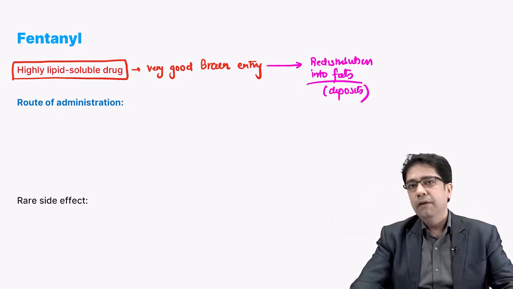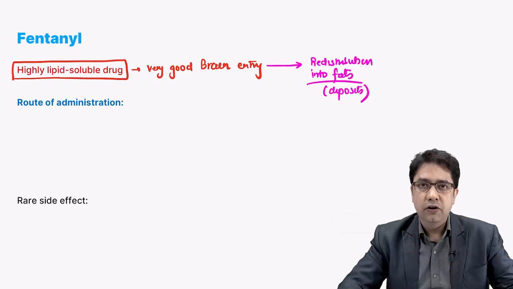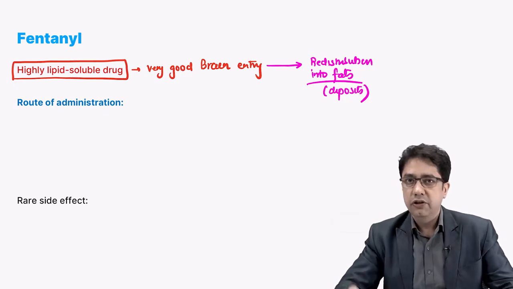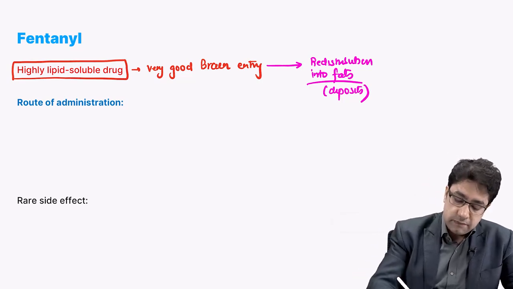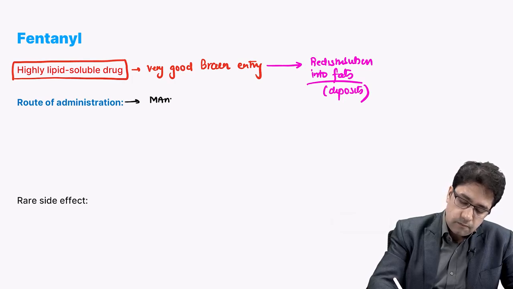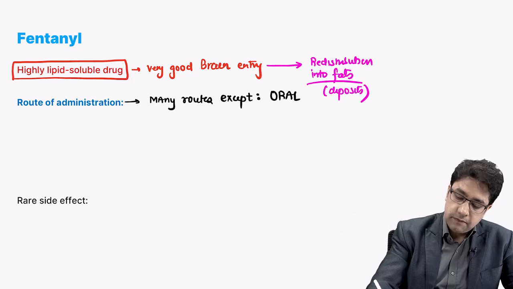So I told you a similar drug which shows redistribution into fats, that was thiopentone. We discussed this concept with thiopentone in general pharma and general anesthetics in great detail. Now, what is the route of administration? Fentanyl is given by many routes, except by which route we don't give fentanyl. A recent question.